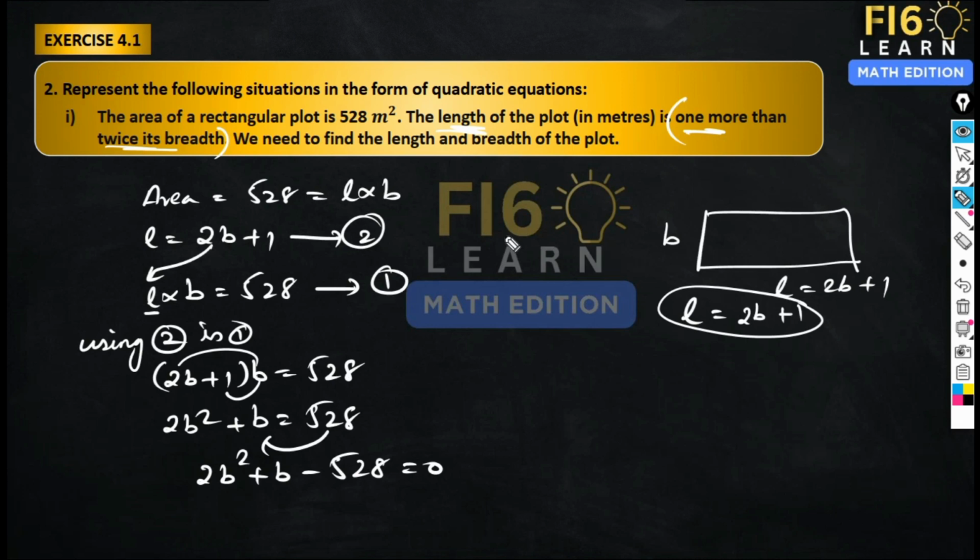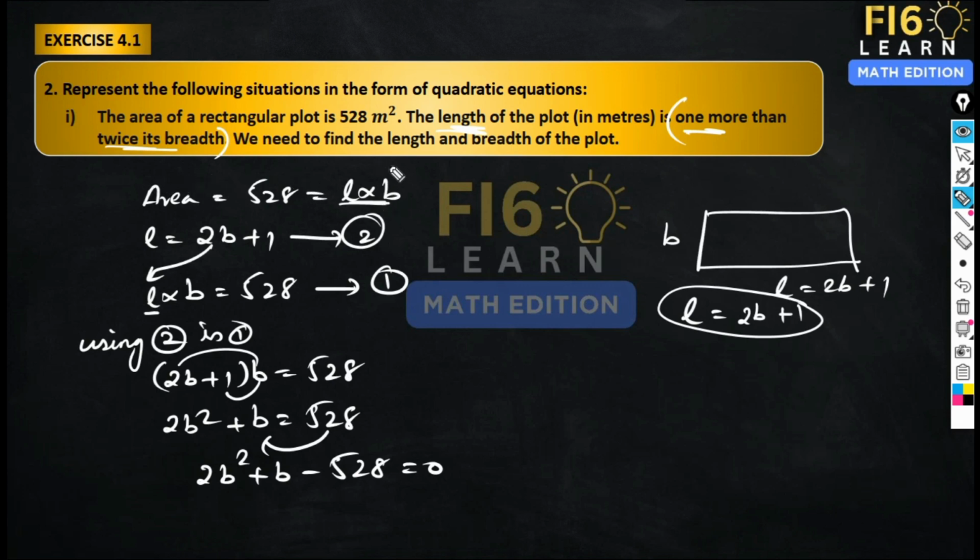And one more thing, don't forget to mention what is L and what is b. These two letters are not given in the question. We have taken L for length and b as the breadth, so we have to mention it in the beginning of the question itself.